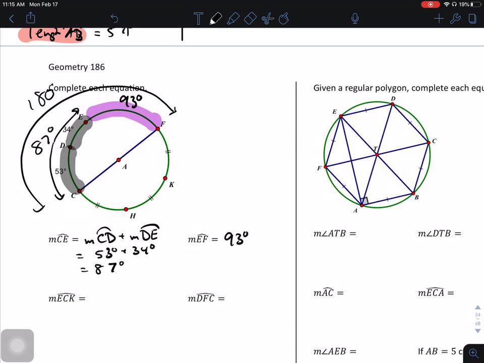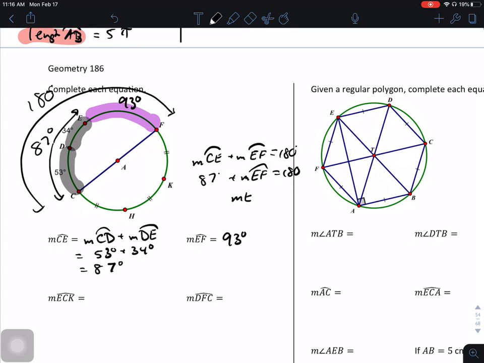If you want work for that, we got the measure of arc CE plus the measure of arc EF equal 180. It's 87 degrees plus the measure of arc EF is 180. Make sure your arcs look like arcs. I'm not doing a good job. So the measure of arc EF would be 93. Once you find this information, put it into the picture.